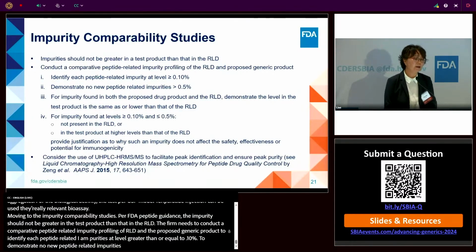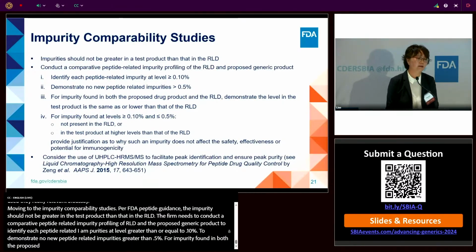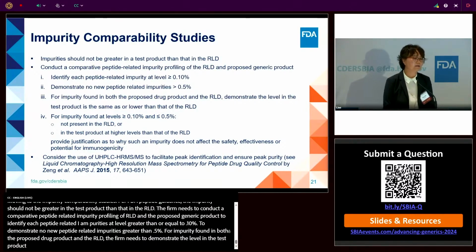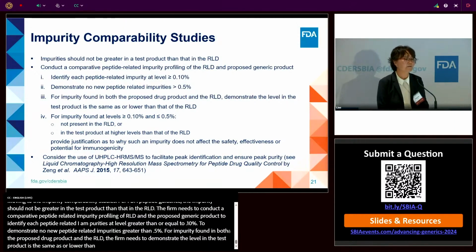For impurity found in both the proposed drug product and the RLD, the firm needs to demonstrate the level in the test product is same as or lower than that of the RLD.